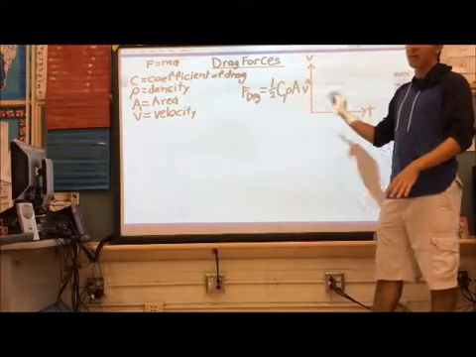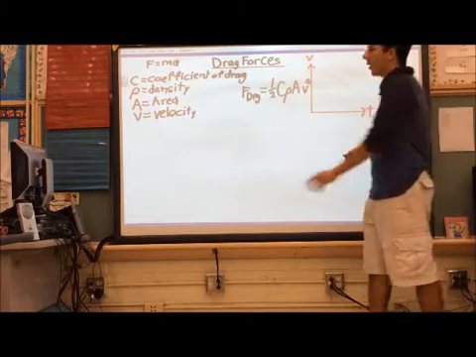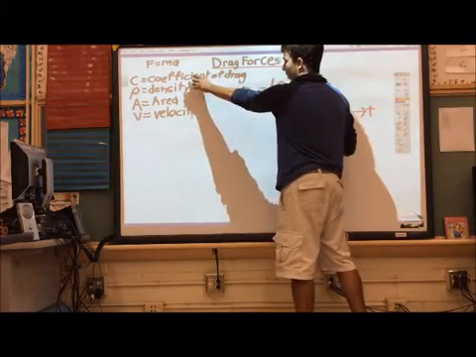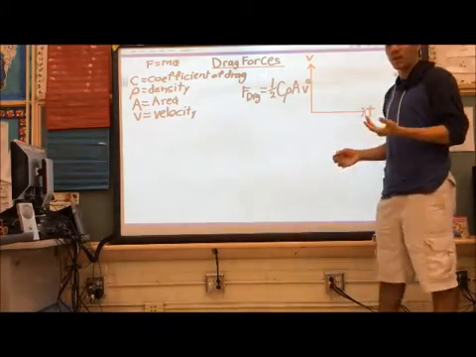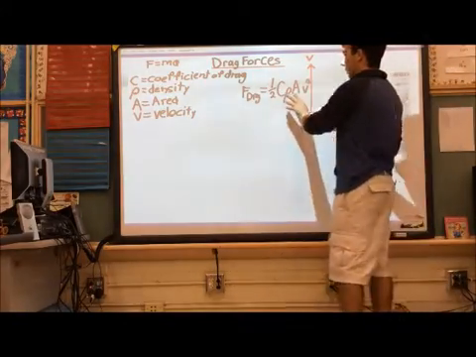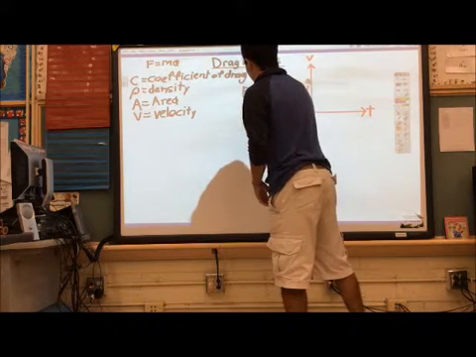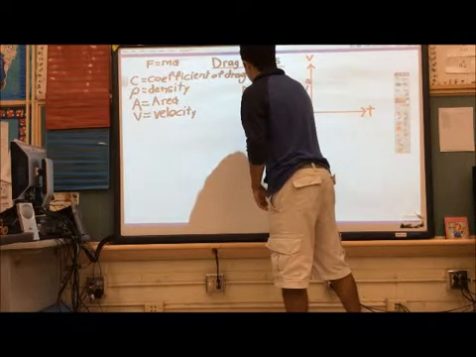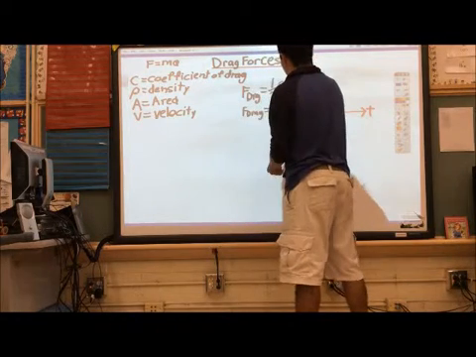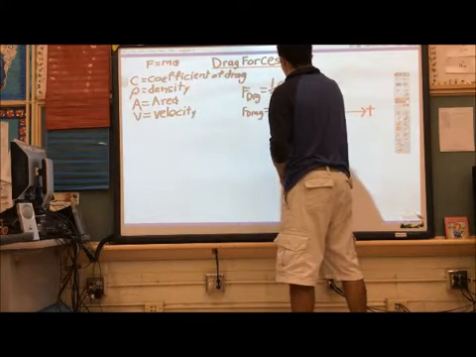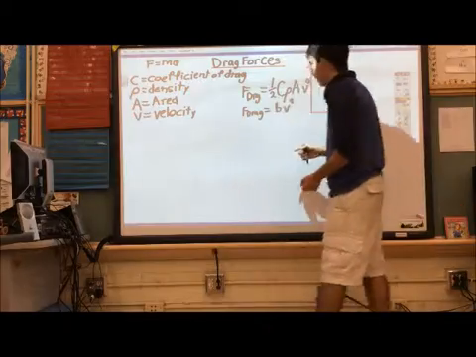Now, this is an approximated formula, but all of these, coefficient, density, and area, are constant throughout the problem. So you could also look at it as force of drag is equal to a constant, which we'll call B, times V squared.